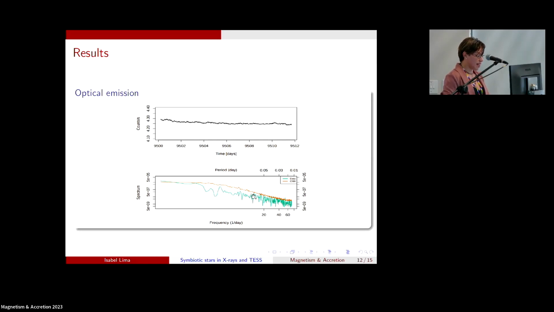And as you can see here, the red is the red noise signal, and the green is for my data, and unfortunately the red noise is higher than my source, so we didn't find periodicity yet.